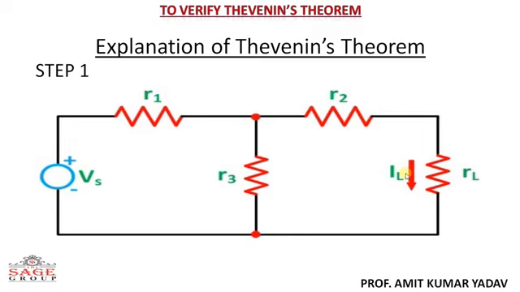So for calculating the current of this network according to this Thevenin theorem, what you have to do? You have to calculate two things. First one is Thevenin voltage and second one is Thevenin equivalent resistance. So let's discuss both the things one by one.